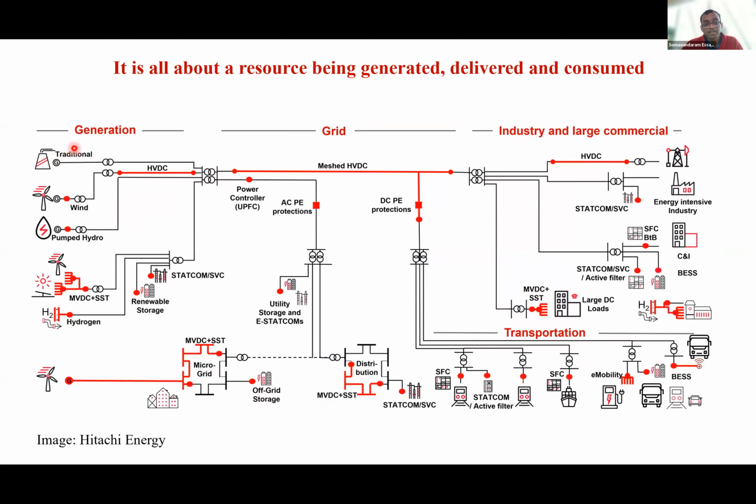You can see here on the left the traditional power generation that comes from nuclear, coal, gas-fired, etc., is only one of several sources, right? So we have wind power, we have solar, we have even things like pumped hydro to manage energy and power flow in the system. And then you have solutions like microgrids that address generation and consumption at the local level instead of being tied to a centralized grid at all times.